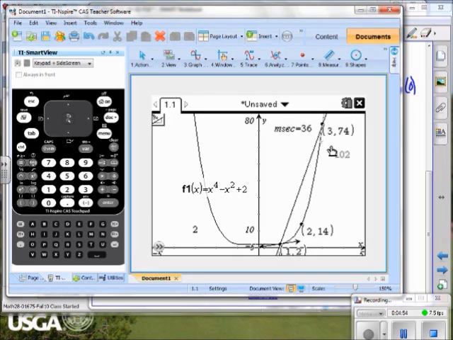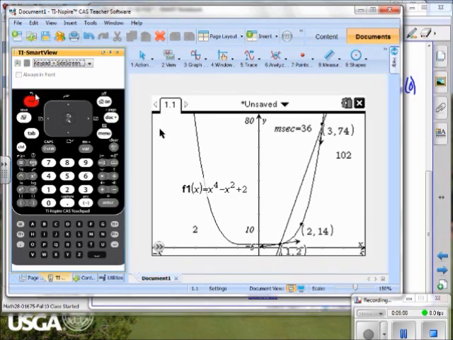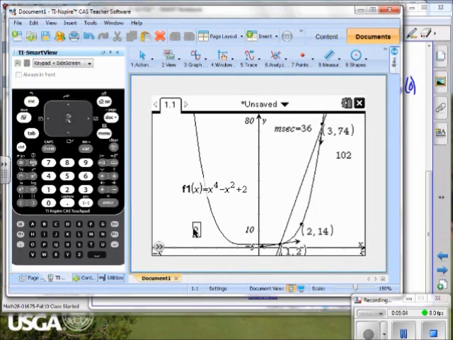Slope of the tangent up here is 102. I'll go in and make sure I have that labeled. Slope, tangent, this is going to be a little hard because, well, we'll just have to say equals there. It does have its limits on what we can do. So this is the slope of a tangent.